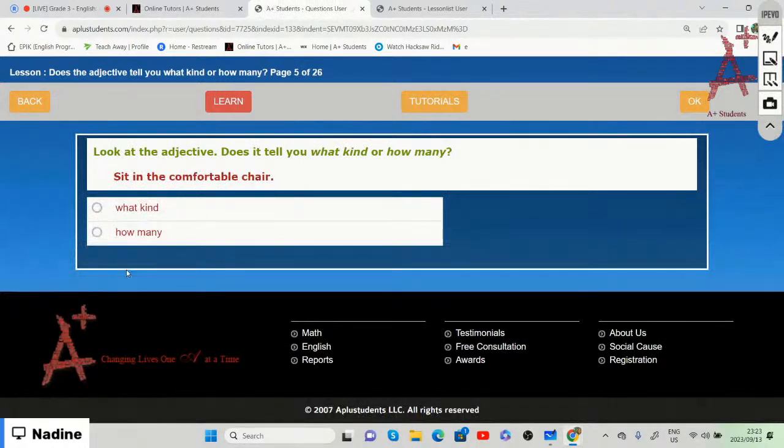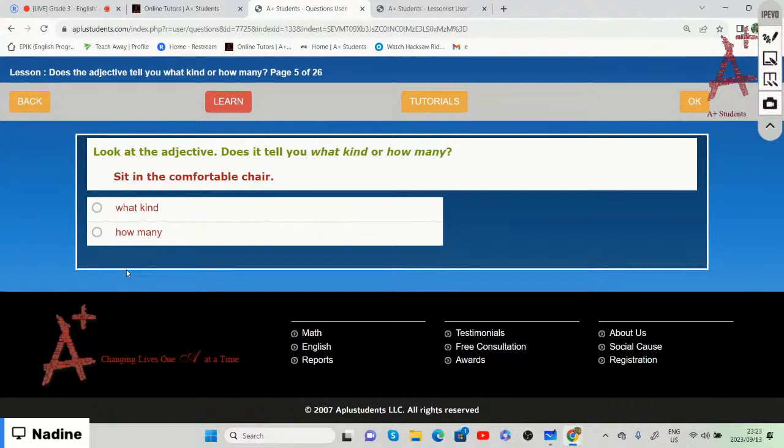Sit in the comfortable chair. So the word comfortable, does it tell us what kind of chair or how many chairs?